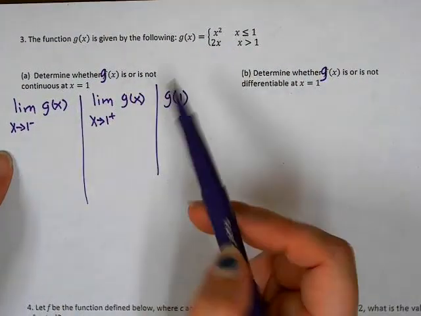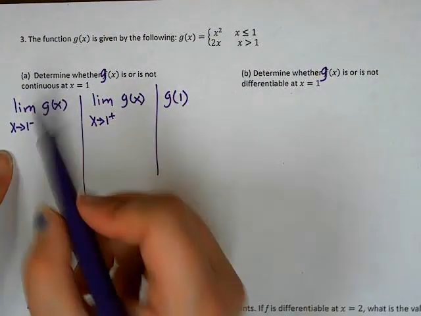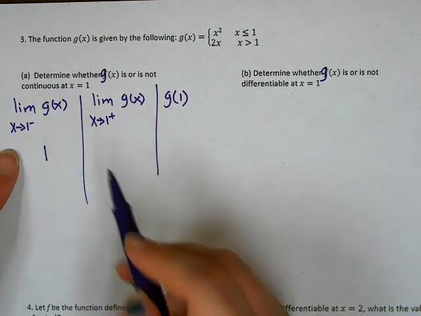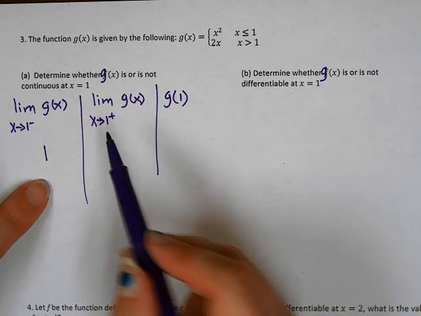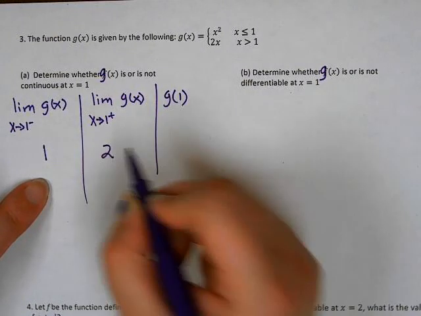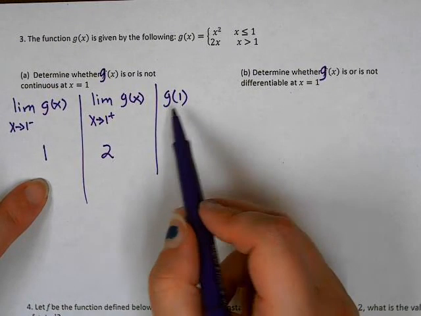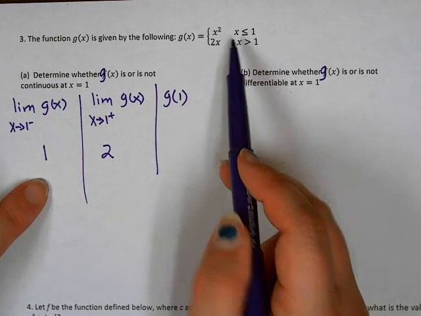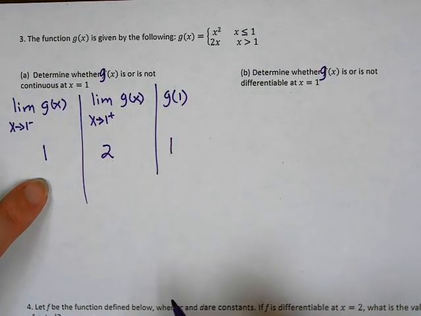Our left limit means we're plugging it into x squared, so we would get 1. The right limit means we're plugging it into 2x, so we would get 2. And then g of 1 means plug it in where x equals 1, so that would be 1.